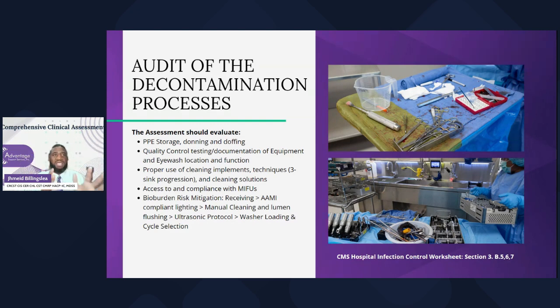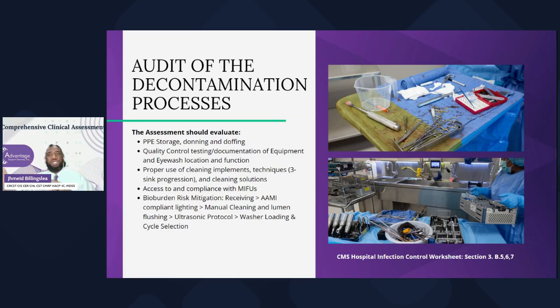It's a combination of steps. Do you have AAMI compliant lighting? Do you have manual cleaning, lumen flushing? What's your protocol for ultrasonic? Which items go into the ultrasonic? Are you giving your team the best chance of success? And then do you have washer loading and cycle selection that matches the items that have bioburden?